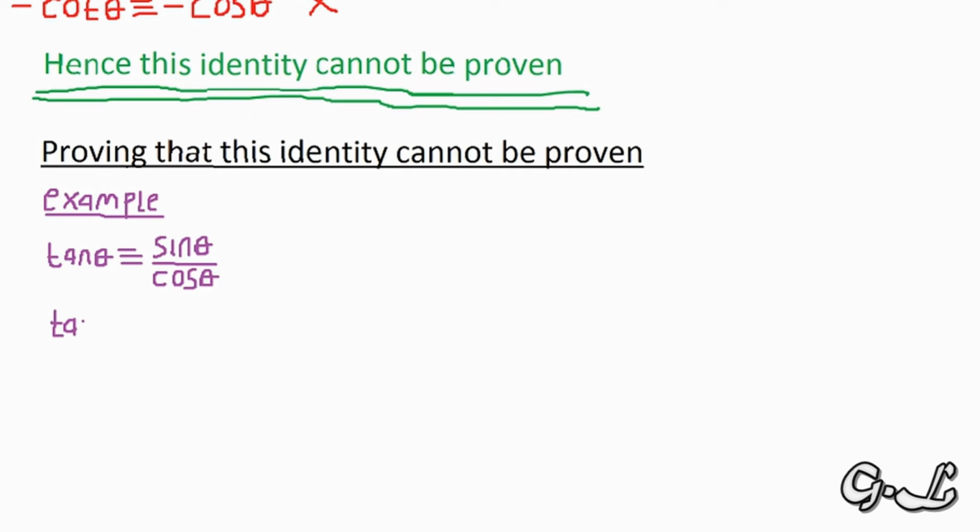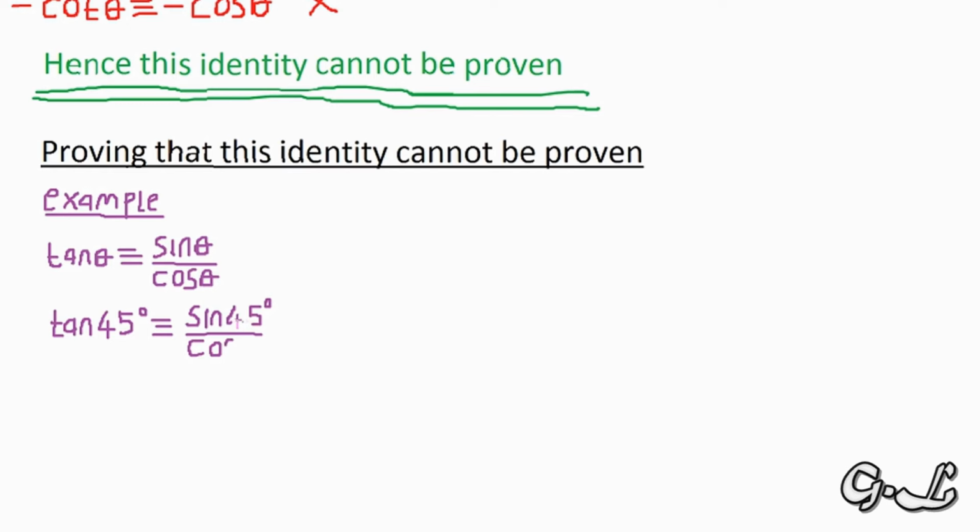Now what we're going to do is replace theta with one angle. In this case, we're going to get 45 degrees. So we're going to say tan 45 degrees is equivalent to sine 45 degrees over cos 45 degrees.